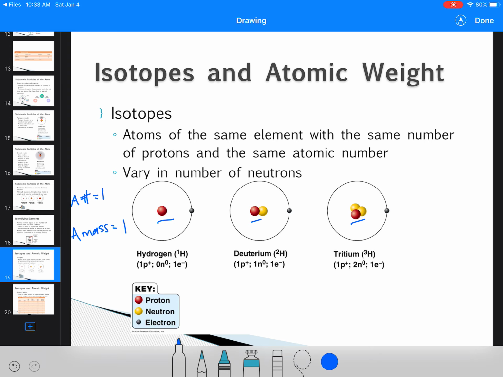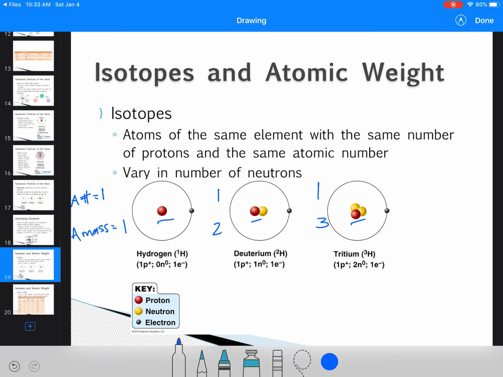Now in the second isotope here, the atomic number is still 1, right? But the atomic mass number here is 1 proton plus 1 neutron, so it is 2. All right. And the third one, the atomic number is still 1 because we still only have the 1 proton, but the atomic mass is 3. Okay. So here you can see the atomic masses are changing between these isotopes, but they are all still atoms of the same element because they all have the same atomic number, which is 1.